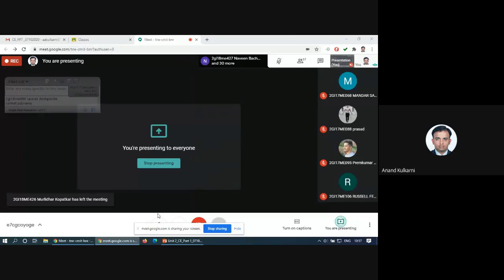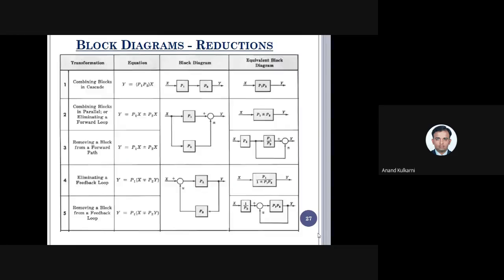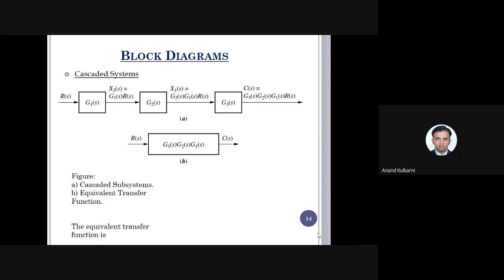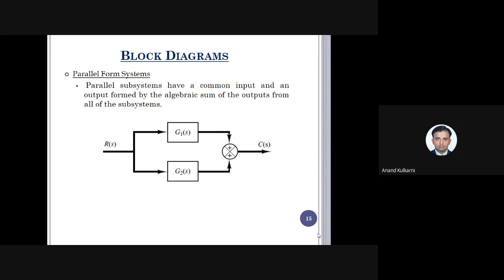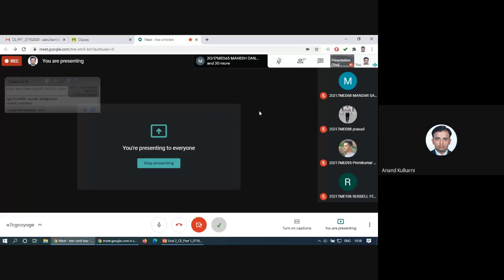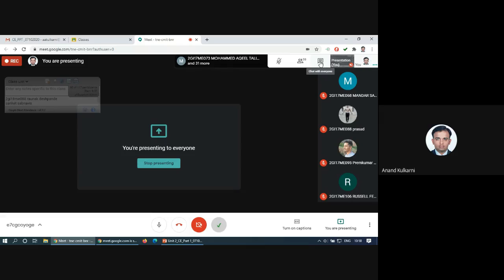Okay, welcome back. We'll start with the class. Uh, so, a few minutes ago, we had understood the important rules, the three important rules what we had studied. One was the cascading form. Second one was the parallel form. Hope everybody's there. Shall we wait till 11 o'clock or we'll start? Hello? Okay. We'll okay.